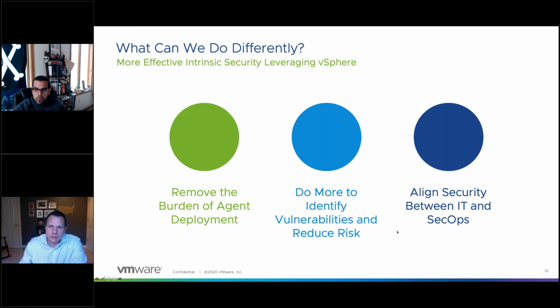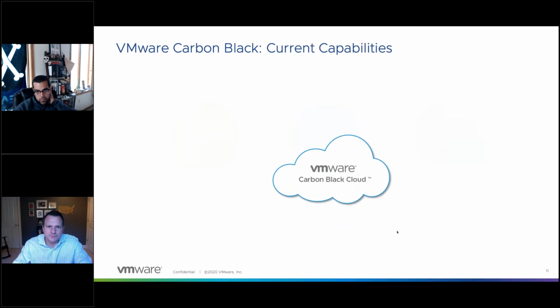But ultimately, when you're dealing with workloads in particular, we want to be able to identify vulnerabilities as early as possible in the life cycle, give you clear and well understood direction on how risky those are, and then align that information on the third point so that the IT administrators, the people that are usually responsible for patching, are actually using the same data and working off the same information as your security operations team. Again, we'll show that as we go through the demo.